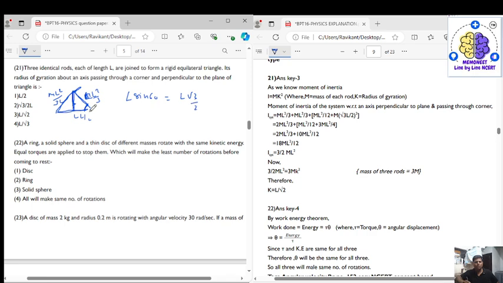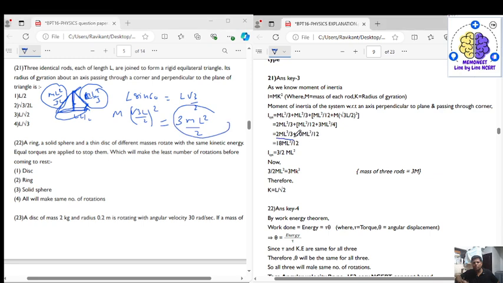So moment of inertia of this rod will be equal to m into root 3 L by 2 whole square, which is equal to 3 mL square upon 4, right? So net moment of inertia will be equal to mL square by 3 plus mL square by 3 plus 3 mL square by 4.